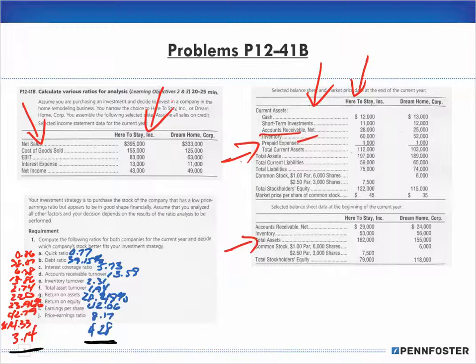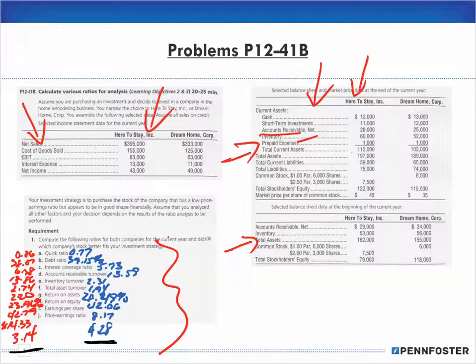Okay, so now you have these accurate numbers, right? And you're going to then create your ratios, answering the 5 key questions or whatever purpose you're using for this analysis. In this case, it's comparing one company to the next.